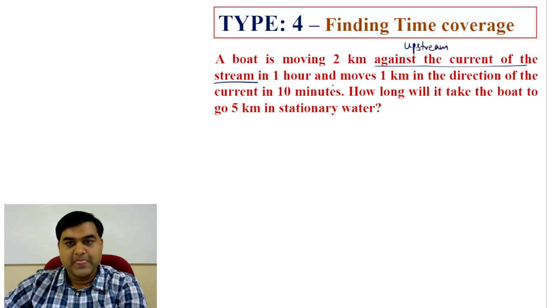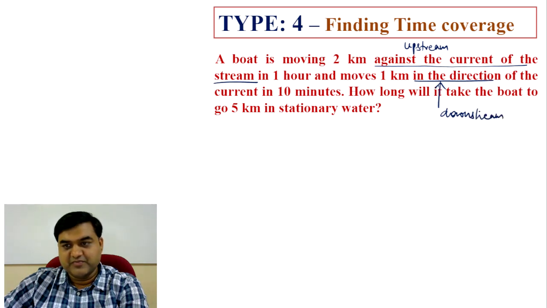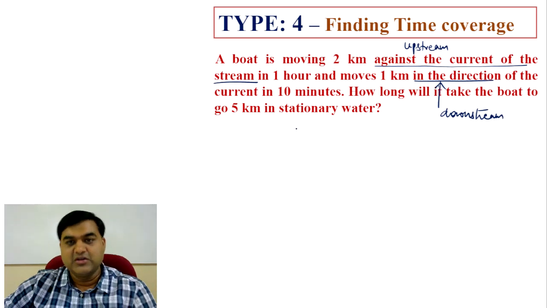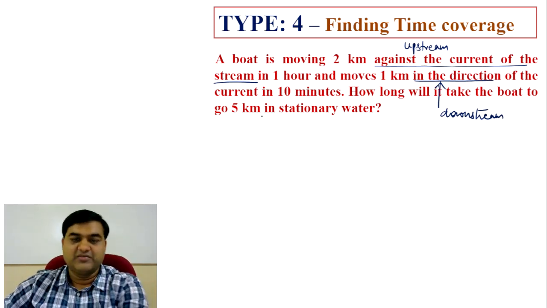Okay, in 1 hour, and moves 1 kilometer in the direction of the current. In the direction means it is nothing but downstream. Okay, in 10 minutes. How long will it take for the boat to go 5 kilometer in stationary water? Very easy.